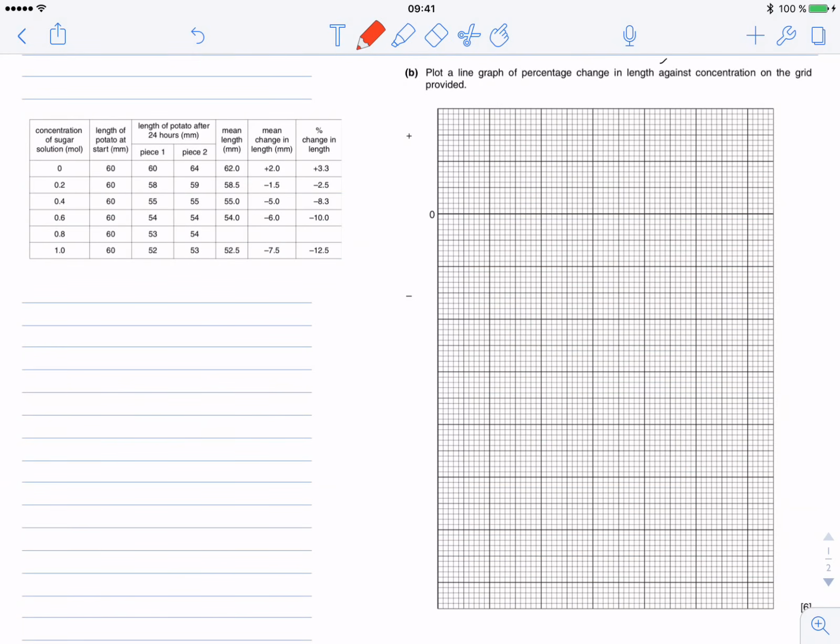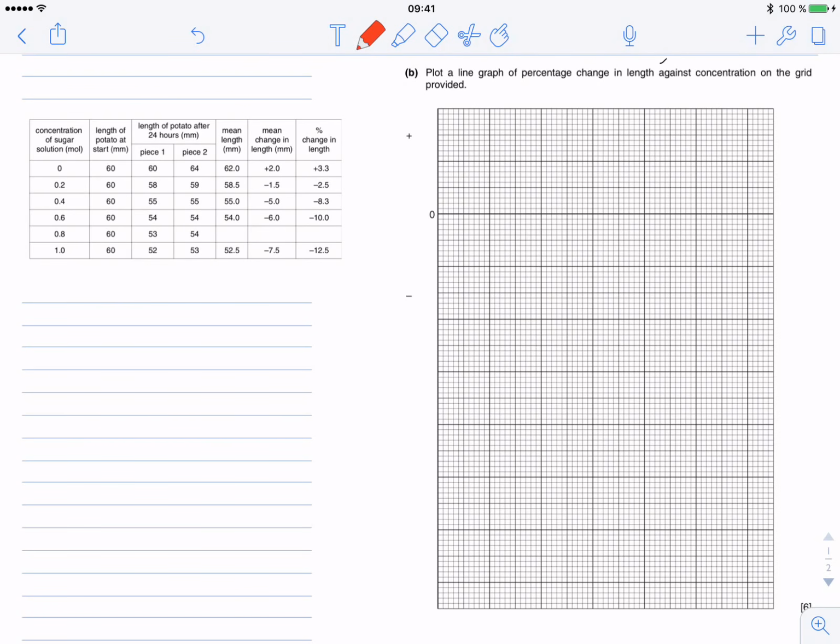Okay, here is a sample question, an IGCSE question. Basically the guidelines for drawing a graph are the same for IGCSE and A level. ASPL can be applied to both of the examinations. Okay, plot a line graph of percentage change in length against concentration on the grid provided.